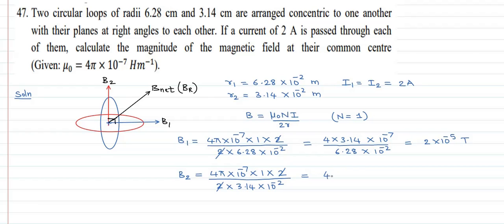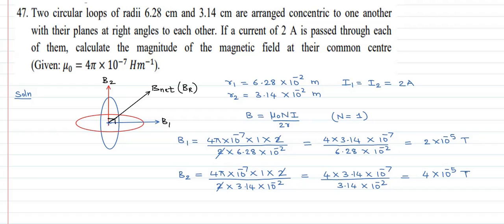You will have 4 into 3.14 into 10 raised to minus 7 divided by 3.14 into 10 raised to minus 2. So 3.14 gets cancelled. You will have 4 into 10 raised to minus 5 Tesla.